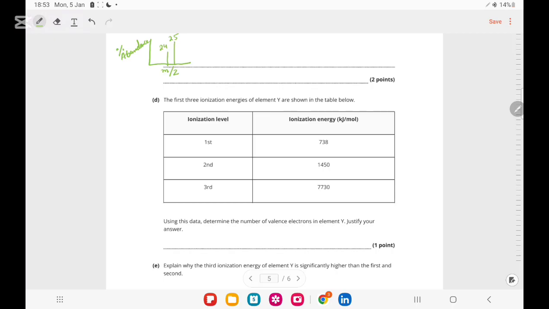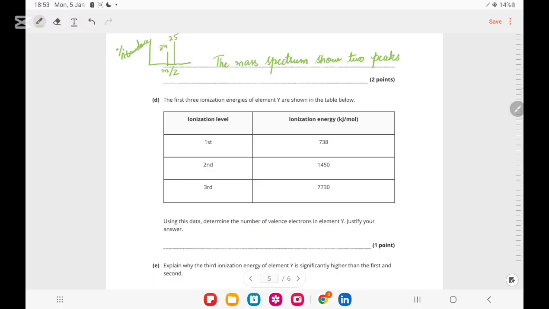And basically the mass spectrum shows two peaks.